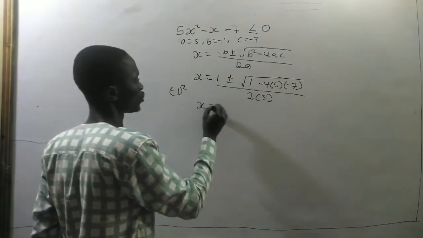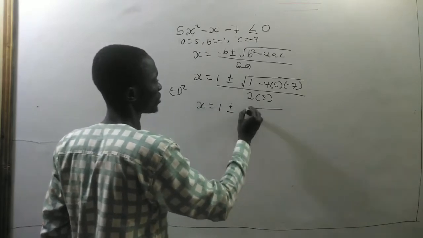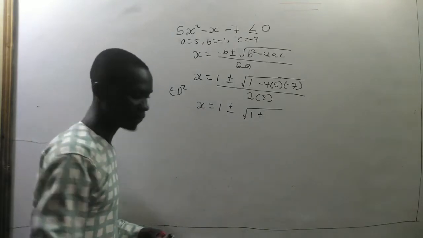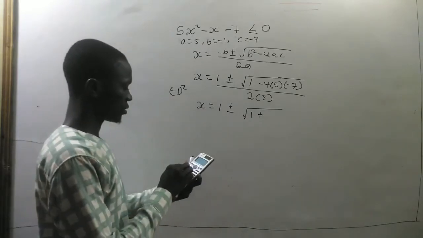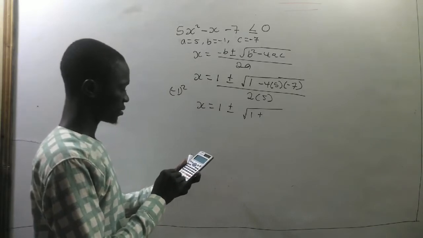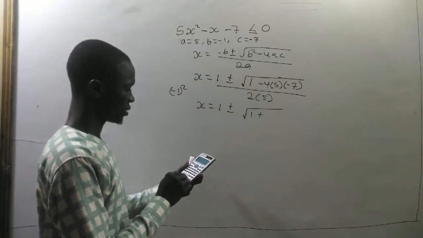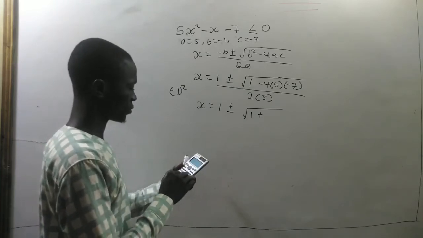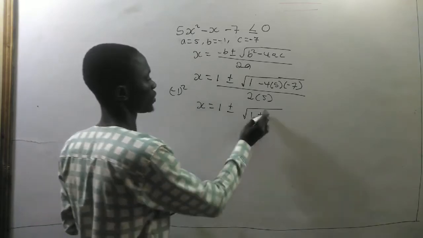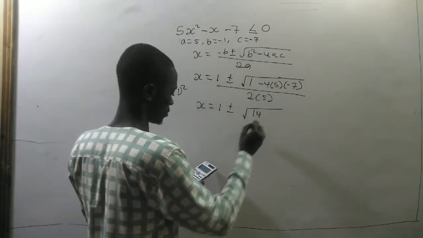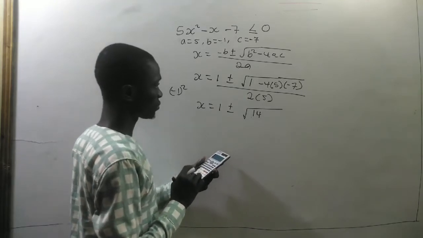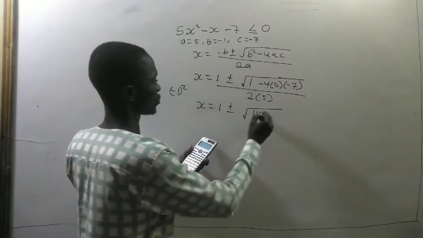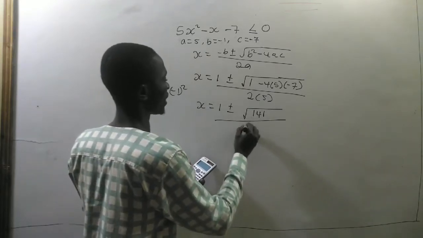So we have x equal to positive 1 plus or minus the square root of 1 plus, let's use the calculator to do that one first. We have the square root of 1 plus 20 times 7, that is the square root of 141, all divided by 10.